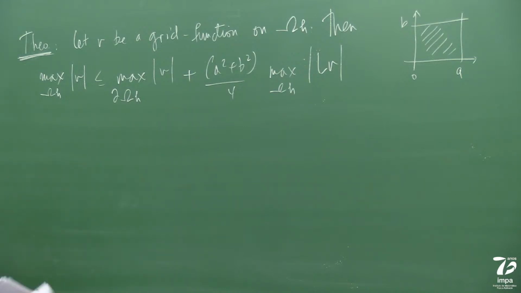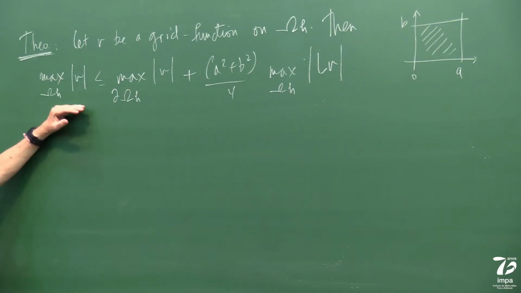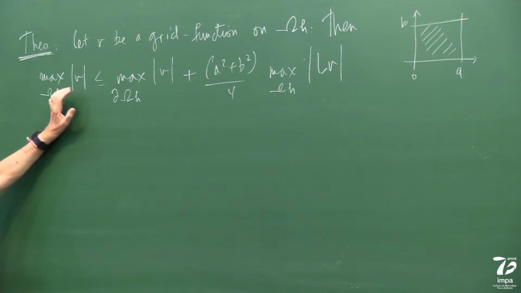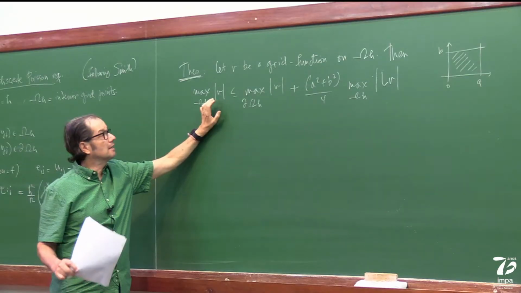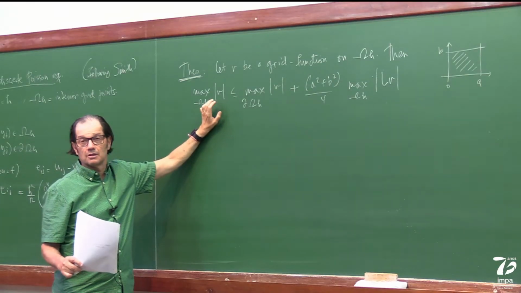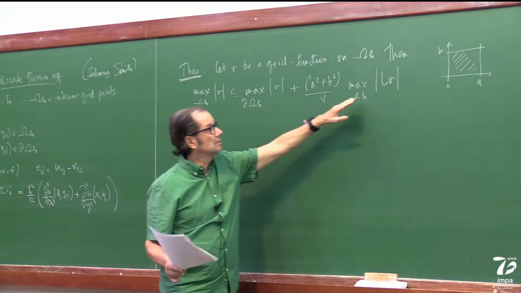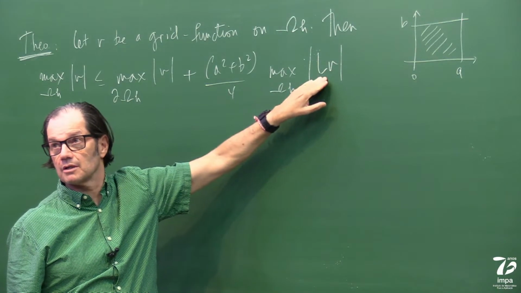So that would be trivial. But why are we going to use this? Because this is just a grid function, and we're going to use this estimate for the error. And the error need not be discrete harmonic.